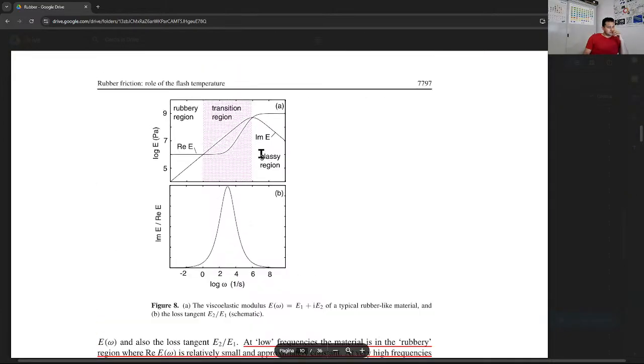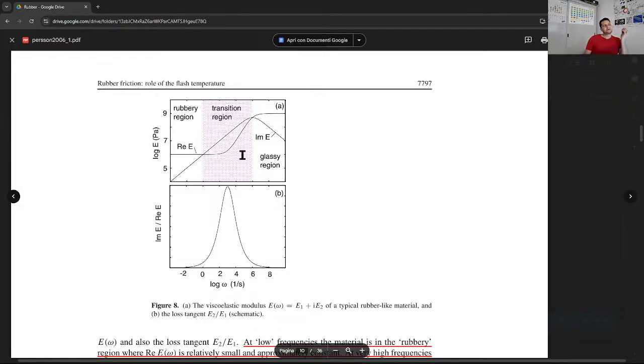So the author mentions this figure. This is the basic figure of rubber behavior considering frequency and temperature. As temperature increases, rubber changes from its rubbery behavior to its glassy behavior.